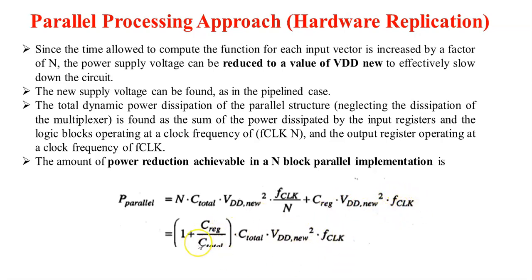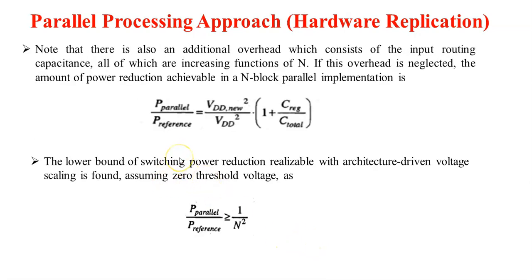So this is a simplified expression for the power reduction achievable by the parallel processing approach. That is equal to 1 plus C register divided by C total into VDD nu squared into F clock. So here, when you are getting the ratio between the parallel approach and the reference power dissipation, you already know that the reference dynamic power dissipation is equal to C total VDD squared into F clock.